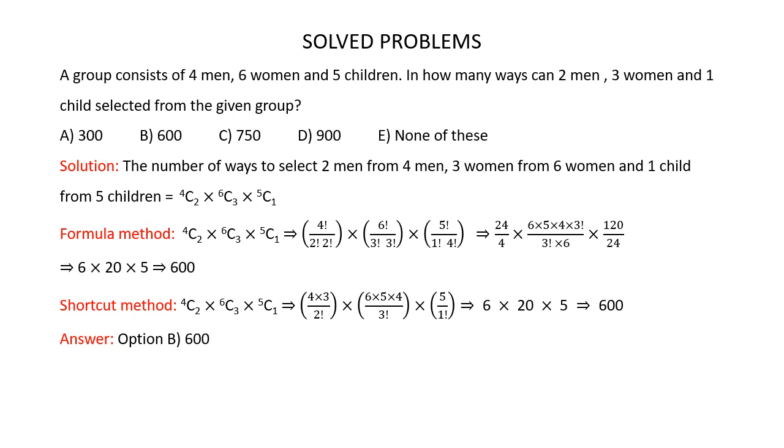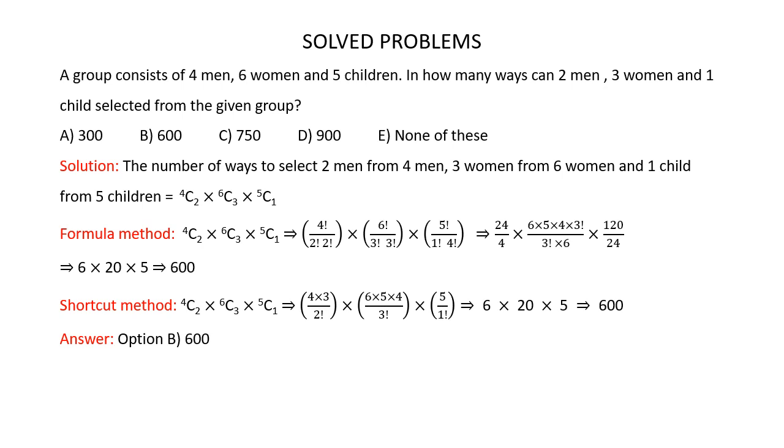Now we know that 4 factorial is 24 and 2 factorial multiplied by 2 factorial is 2 multiplied by 2, which is 4, and 24 divided by 4 is 6, multiplied by, now 6 factorial can be written as 6 multiplied by 5 multiplied by 4 multiplied by 3 factorial, so that the 3 factorial in the numerator and the 3 factorial in the denominator get cancelled out.